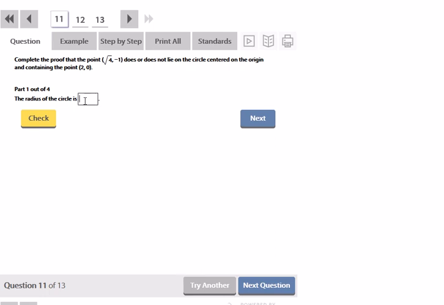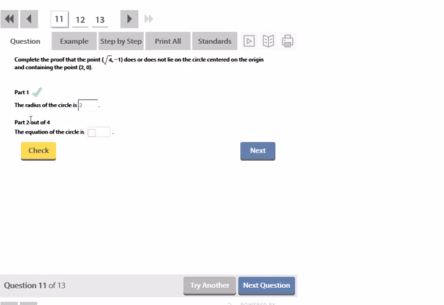So the radius is 2. The equation of the circle would then be, since it's centered around the origin, x minus 0 squared plus y minus 0 squared is equal to 2 squared, which would just be x squared plus y squared is equal to 4.